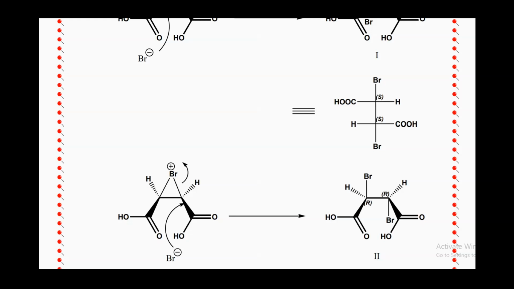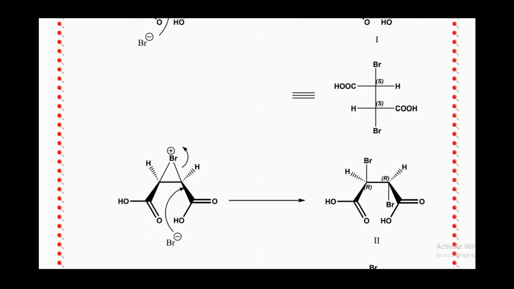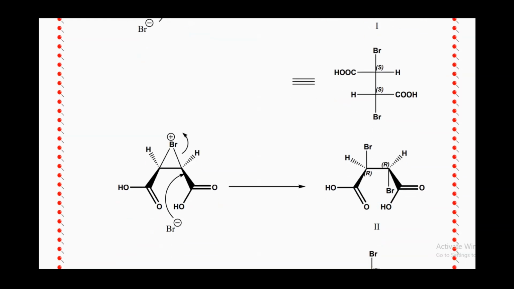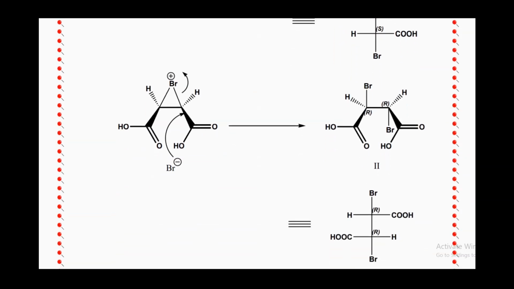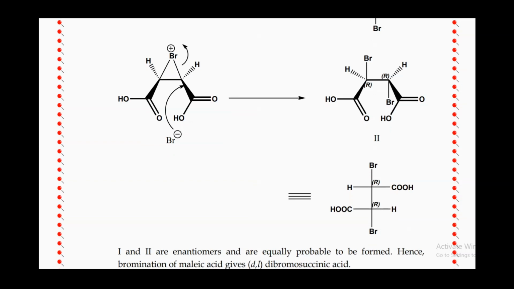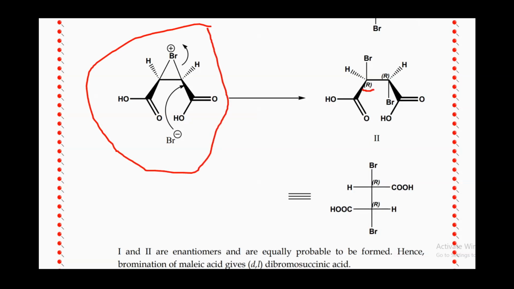the S configurations. Now in the second portion, as we are having here another intermediate of the maleic acid, the bromonium addition takes place, leading to the formation of the bromonium intermediate, and then it is giving rise to this R and R configuration of the two carbon atoms.